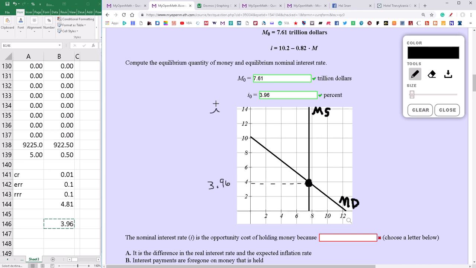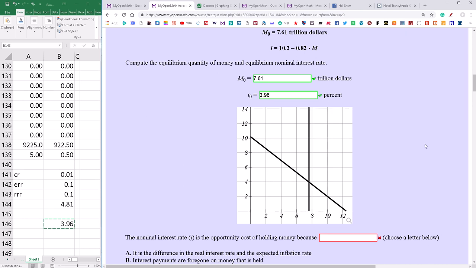This axis is the price of money or the nominal rate of interest. And this is the M axis, the quantity of money. Okay, that's how you would label that. And of course, the equilibrium quantity is just whatever the vertical value was on the supply curve, 7.61. Okay, that's how you graph it. We're going to close that out and clear it.